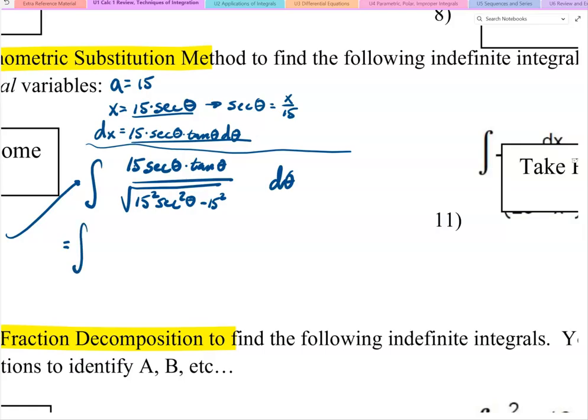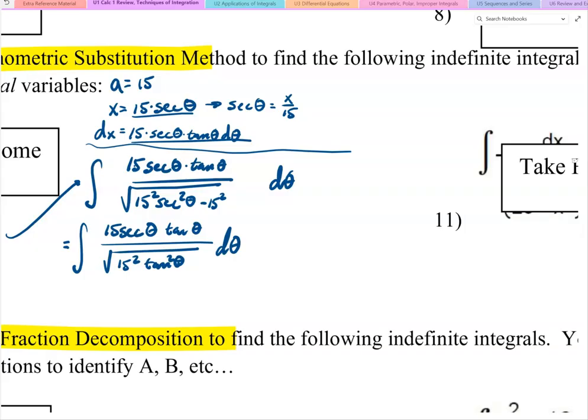We still temporarily have this 15 secant theta tangent theta. And by the way, that was a derivative rule that we had learned in Calculus 1. Now we have the 15 squared tangent squared theta.